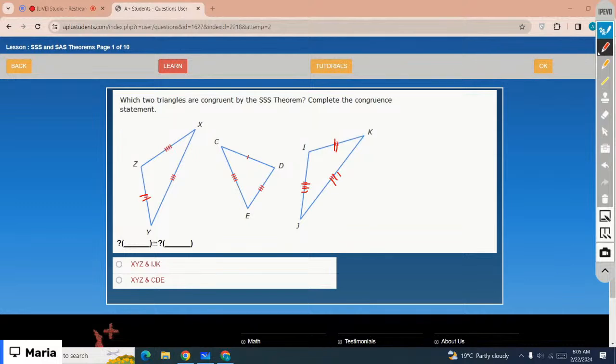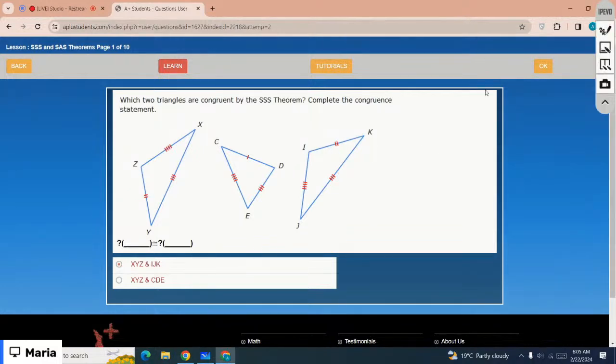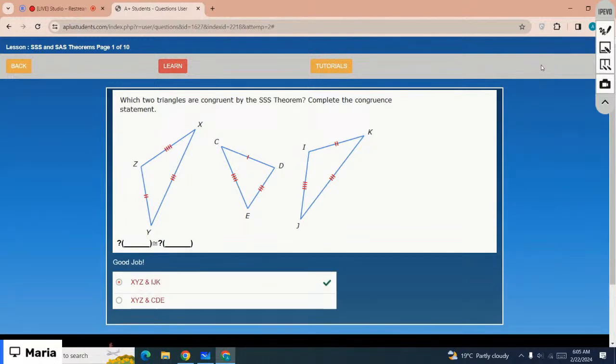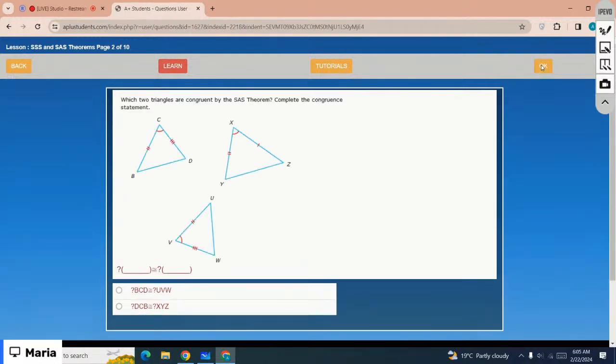Triangle XYZ and triangle IJK are congruent. Option number 1 is the correct option. Okay, which two triangles are congruent by SAS? Complete the congruence statement. SAS means side, angle, and side, like two sides and the angle between them.